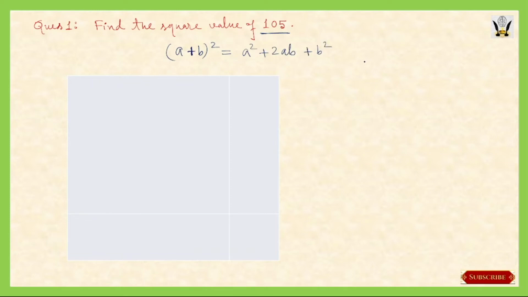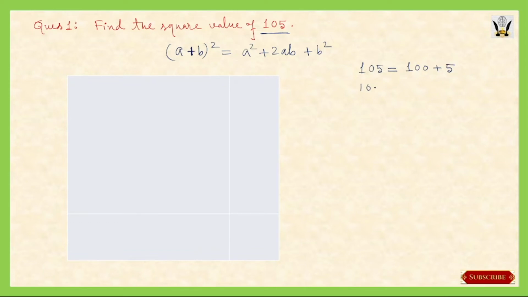We are well familiar with this identity. In finding the square value, first we represent the given number as a summation of two numbers whose squares we can easily find. So here we will represent 105 as 100 plus 5.